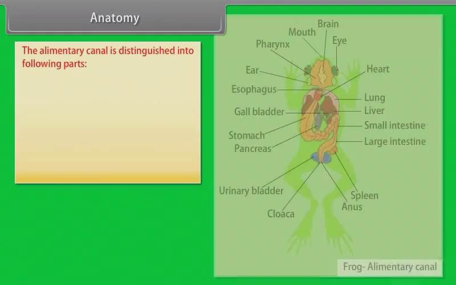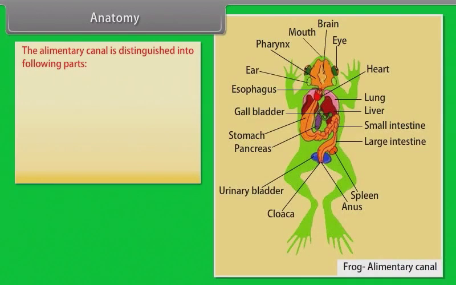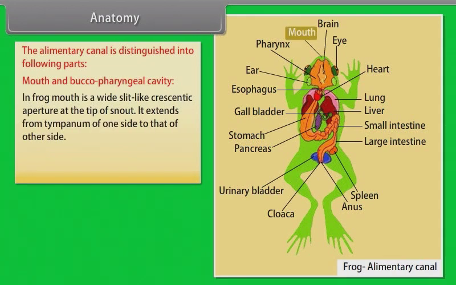Anatomy. The alimentary canal is distinguished into the following parts: mouth and buccopharyngeal cavity. In frog, the mouth is a wide slit-like crescentic aperture at the tip of the snout. It extends from the tympanum of one side to that of the other side.